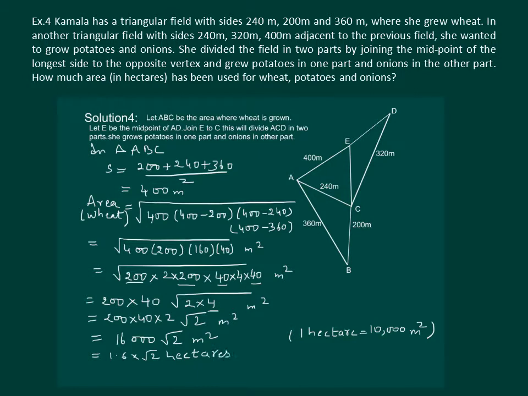And if we substitute the value of root 2 and multiply, it will be 2.26 hectares approximately, since we are taking only up to 2 digits of decimal.